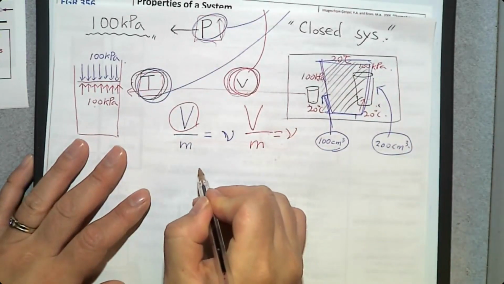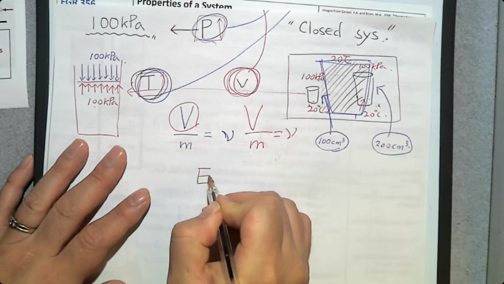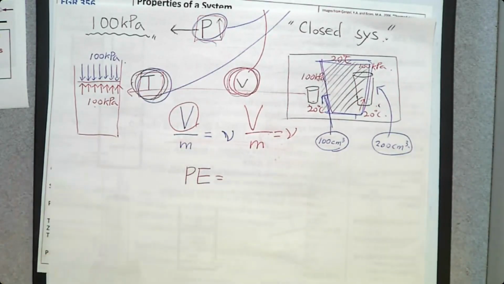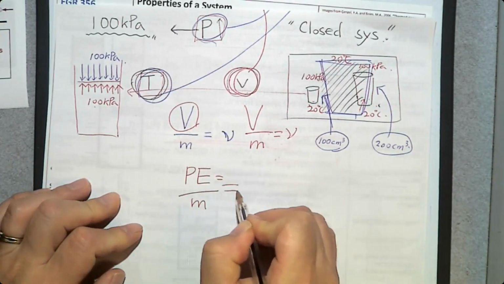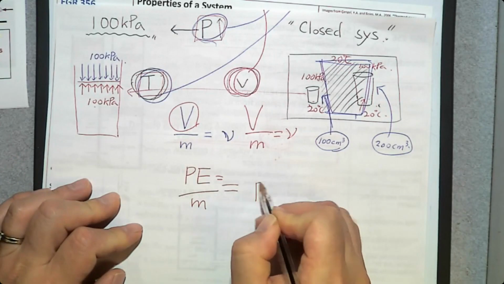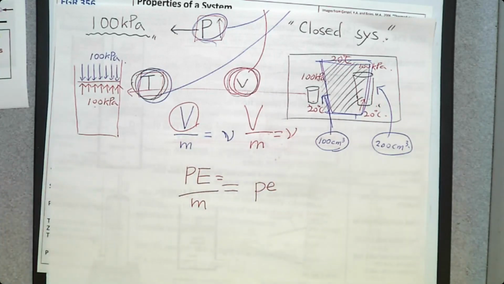I have this much potential energy in this coffee, and I'm going to divide by mass. Then what is it? Potential energy per unit mass, which makes sense in physics. What about kinetic energy? Kinetic energy divided by mass is going to be kinetic energy per unit mass.